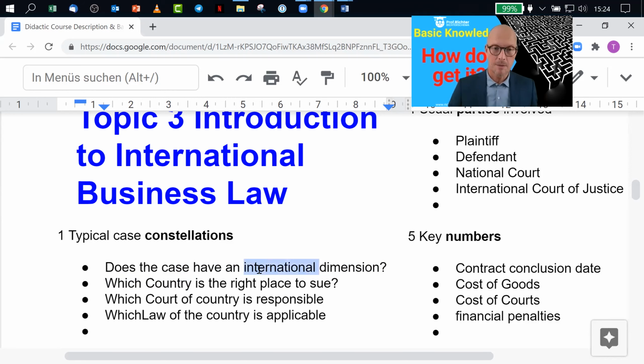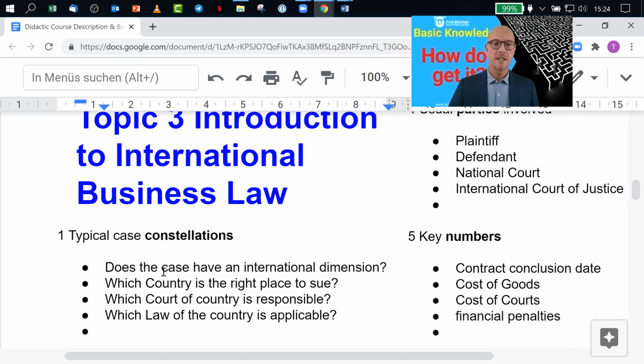If we have an international dimension, then you have to find out which country is the right place to sue. If you find out which country is responsible, then you have to find inside this country which court is responsible for the case. And if you find out which court is responsible, you have to find out which law of the country is applicable.